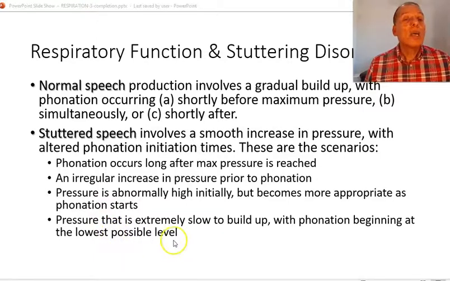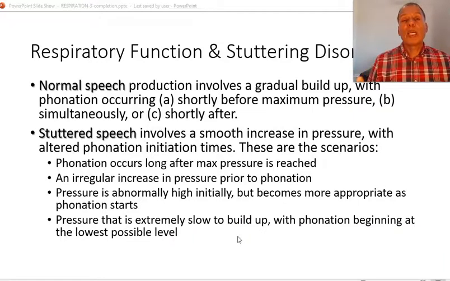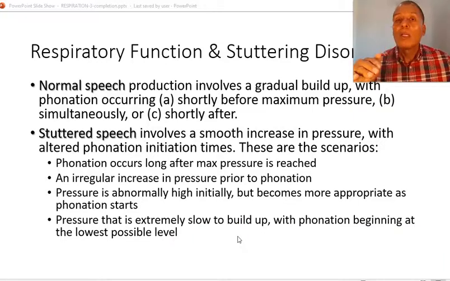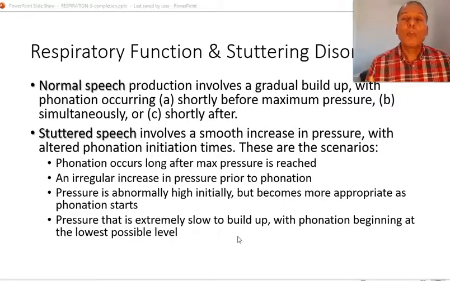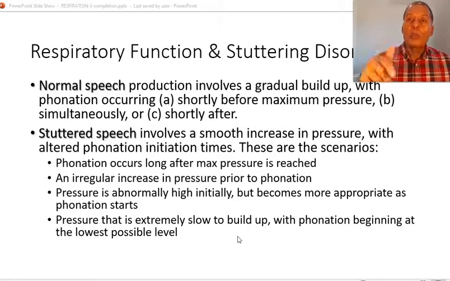And sometimes pressure is extremely slow to build up, and the phonation begins at the lowest possible level. So that means there's a lot of muscular tension that from the beginning of speaking you have to put in. And again, all of these are different scenarios, and that will be different from person to person.